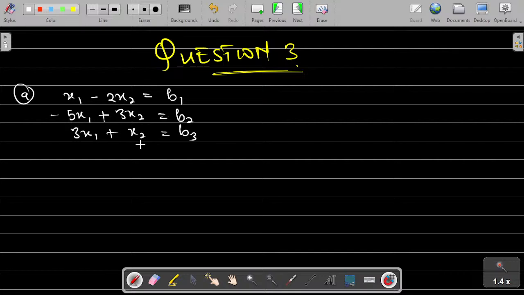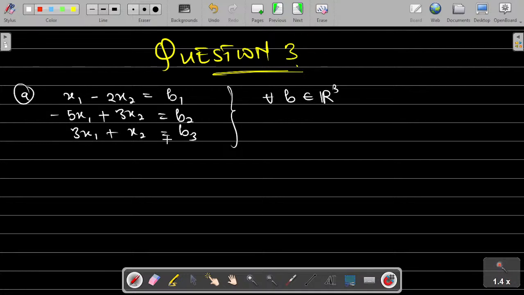We are told to check if the system will be consistent for all b in R3. If you choose any b containing b1, b2, b3 in R3, will it form a solution for all such b's?